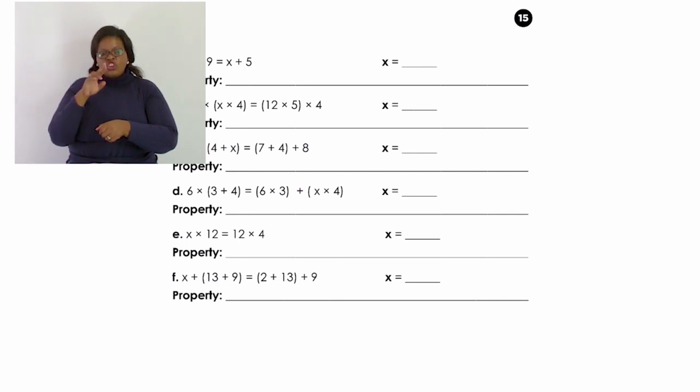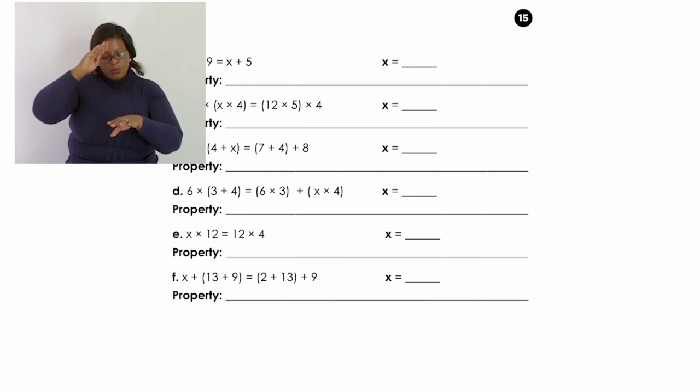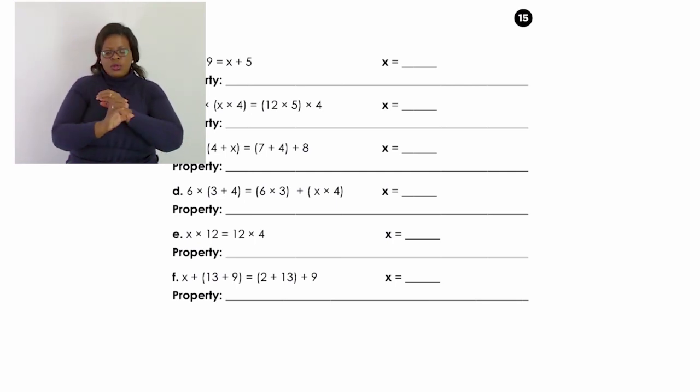And then you also need to explain what property is applied there. There is a word property. You need to explain which property. If it's associative, then you have to write associative property. Or if it's commutative property of addition, then you have to write it in that manner.